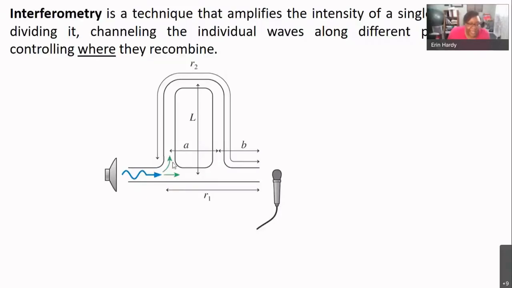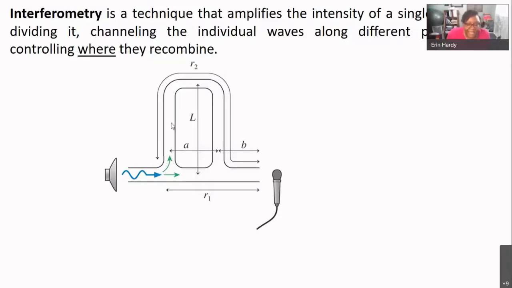There is a fork in the road here where some of that sound is going to go directly toward the microphone that's collecting it. Some of it's going to take this path here.